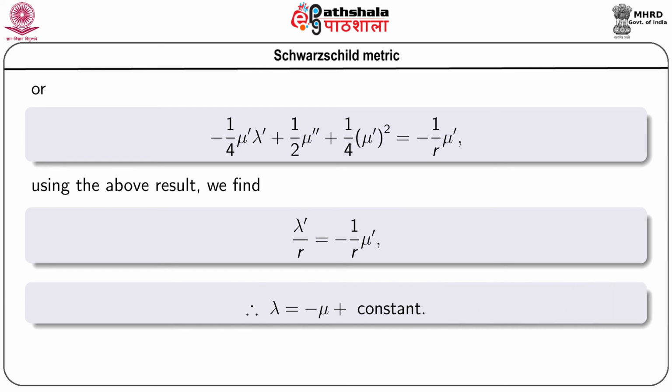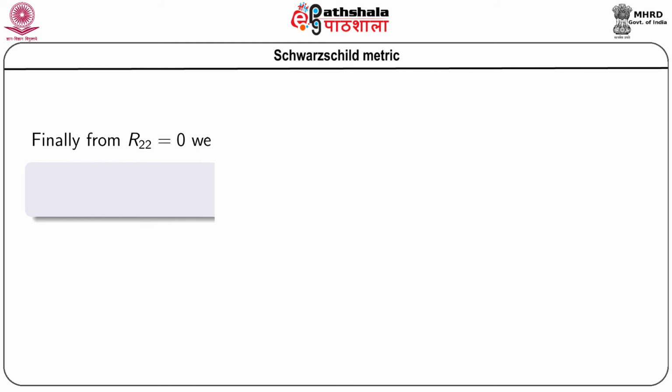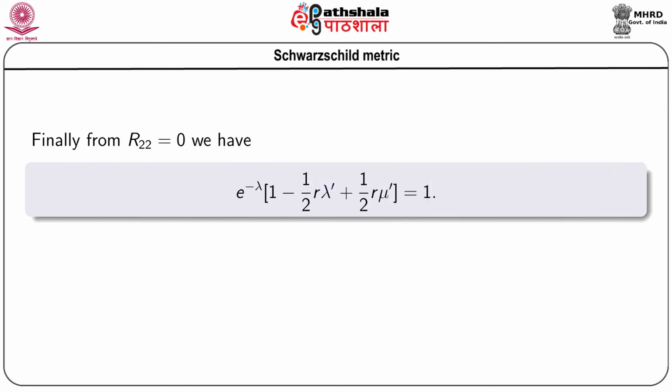That means, if we integrate, we get λ equals to −μ plus constant. Now, from R22 equals to 0, we have this expression e^(−λ) within the bracket 1 − 1/2 rλ' + 1/2 rμ' equals to 1.